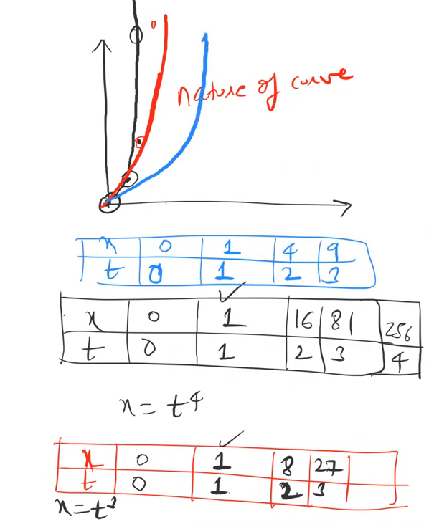Are you getting it? Red is red, black is black, blue is blue. This is quadratic, this is cubic, and this is biquadratic.